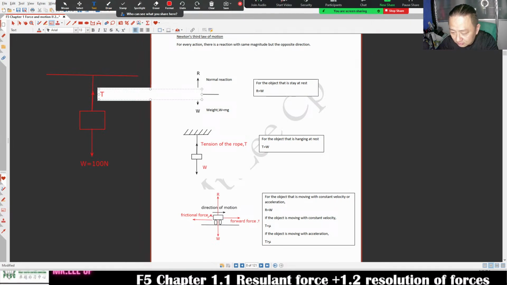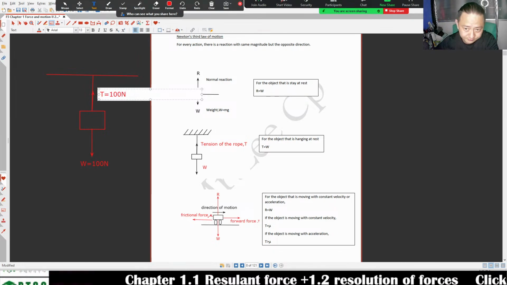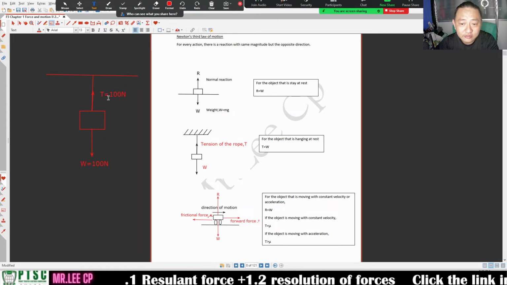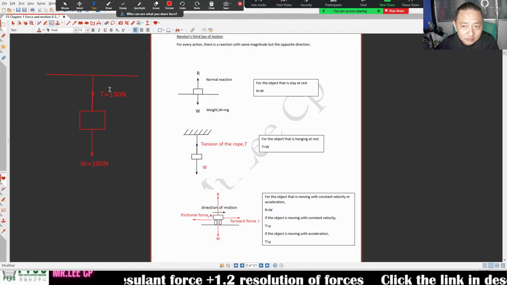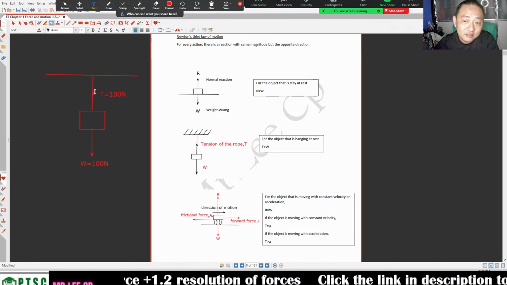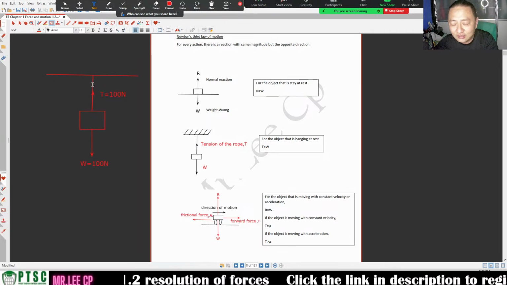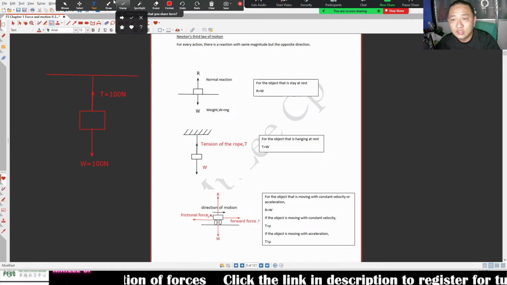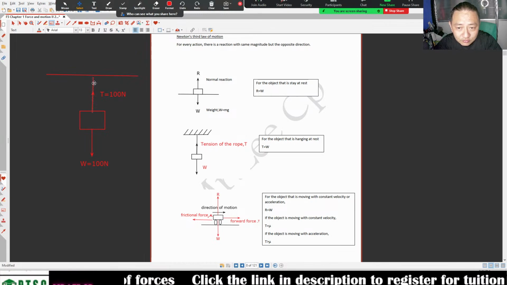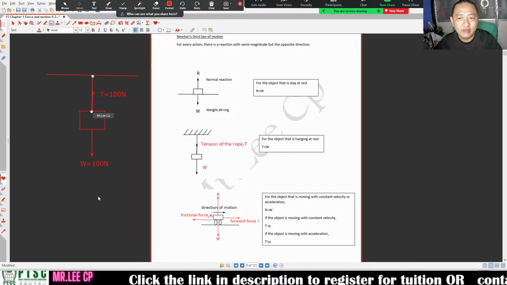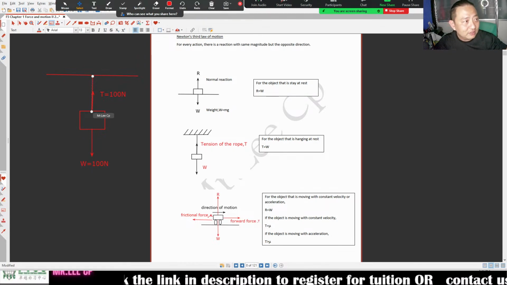It must be 100. If this is not equal to 100, meaning this force cannot hold 100, then the string, the thread, will snap. Putus. Why? Because the weight is too heavy, it cannot hold. Like for example, you look at me.